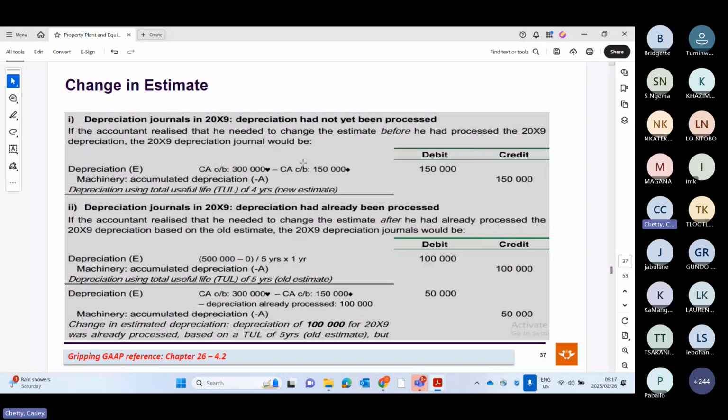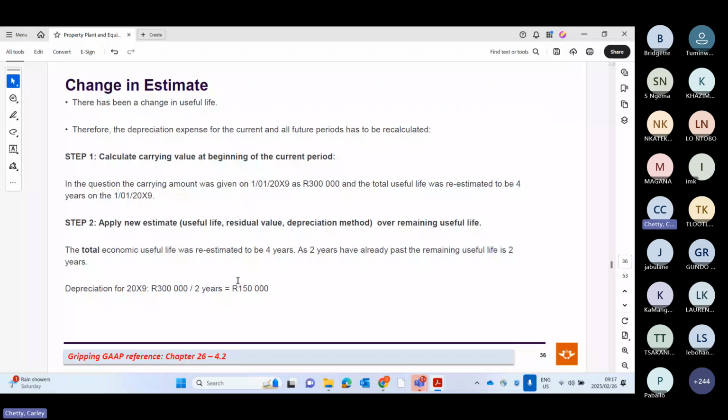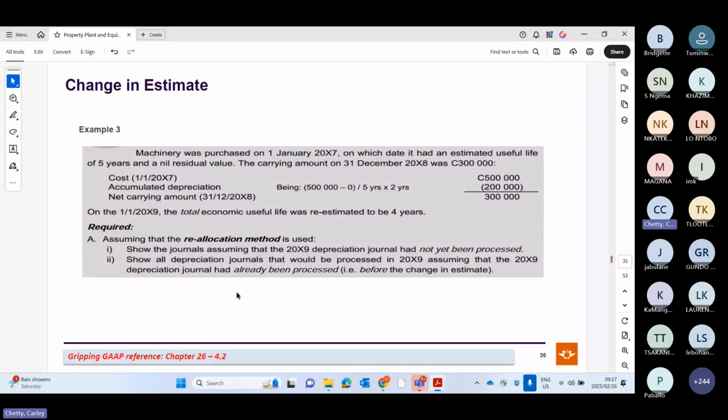So this is part A. Now, if we go to part B, show all depreciation journals that would be processed in 2009, assuming that the 2009 depreciation journal had already been processed, so before the change in estimates. So here we are saying that the accountant already processed the depreciation journal based on the previous estimate.